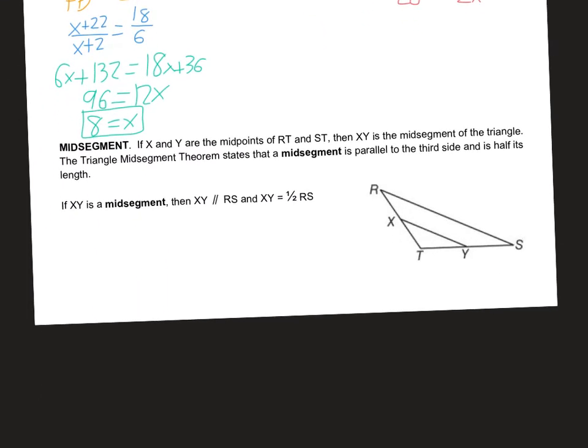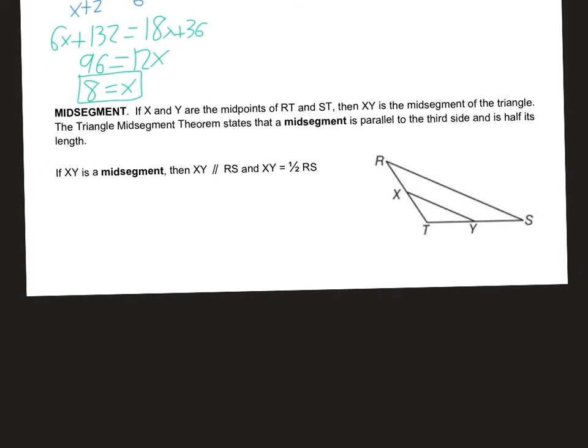All right. Mid-segments. If x and y are midpoints of RT and ST, so x and y are midpoints, which means that Rx is equal to xt and Ty is equal to ys. The triangle mid-segment theorem states that a mid-segment is parallel to the third side and is half of its length.